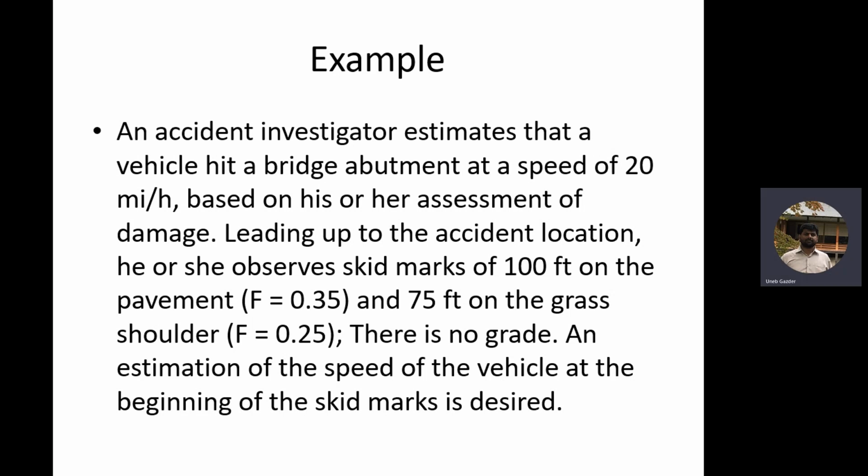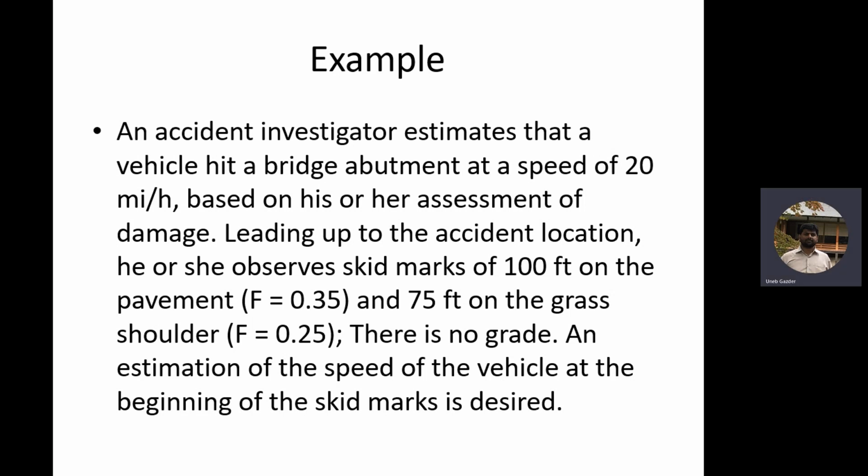They have some relationship: if the car damage is so much, how much would the speed have been? So an investigator calculated the speed based upon the damage, and the speed at which the car hit the abutment was 20 miles per hour.